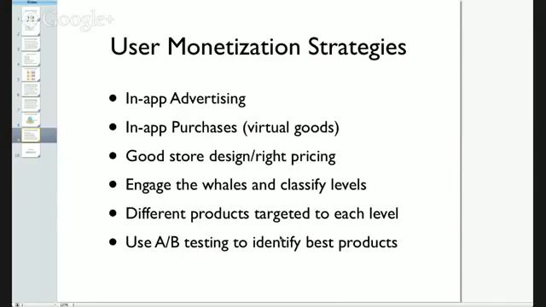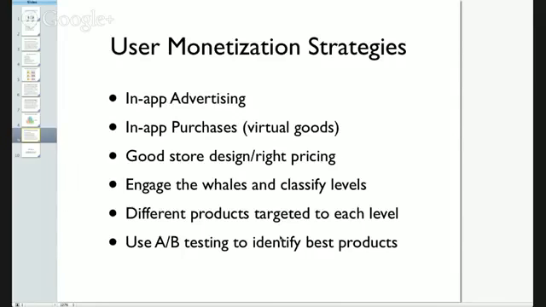You could have all the right products, but they're too expensive. I'm going to say, well, I'm not paying for that. It's too much. I don't want to spend $5 for a power-up. I think a power-up is worth 30 cents or 50 cents, right? So getting that pricing level right is really important.